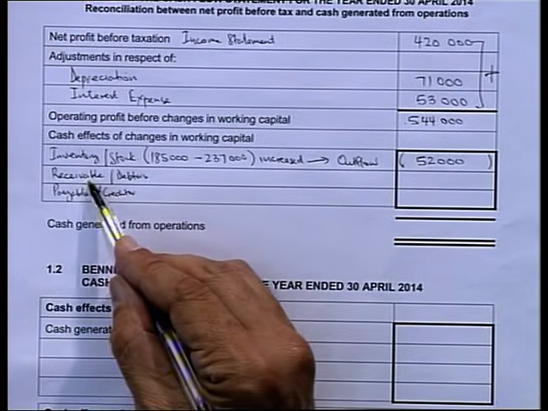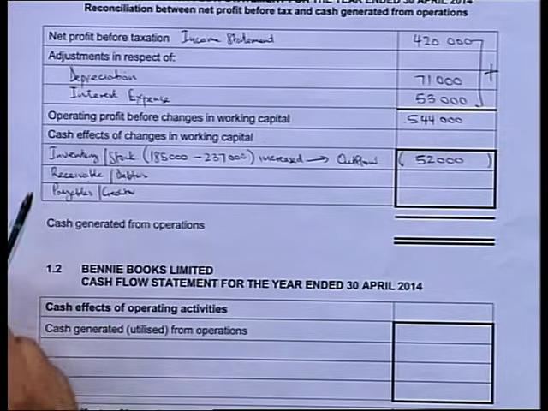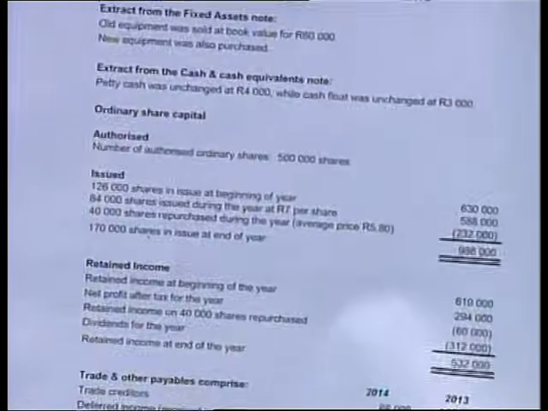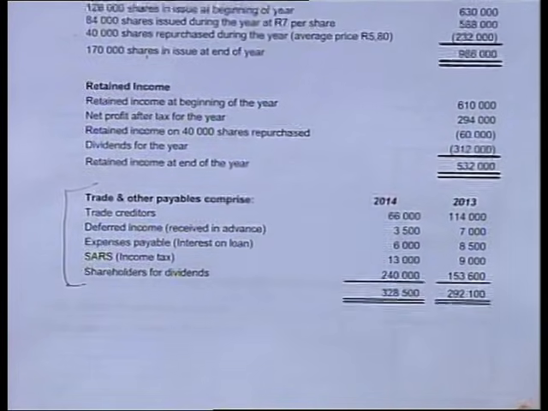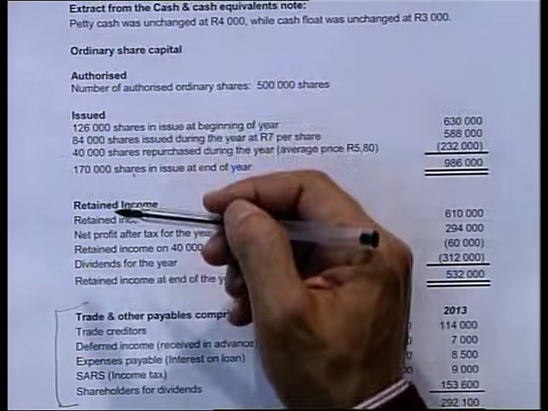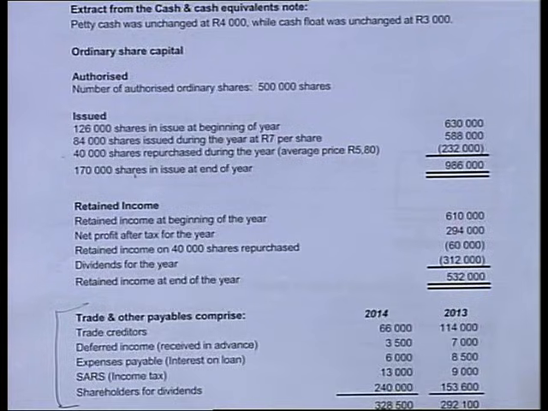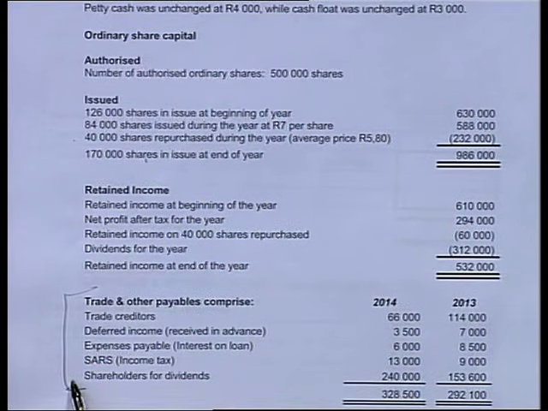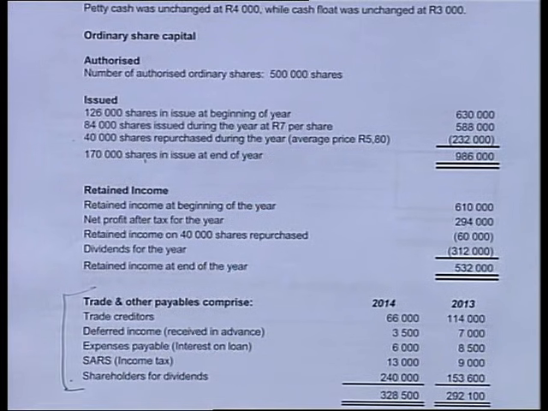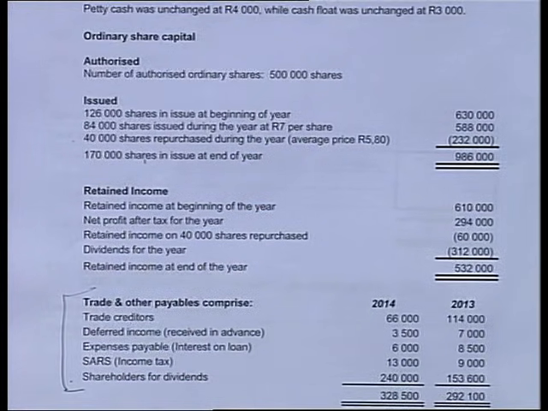When we get to receivables or debtors, what we need to check, which is very important, learner, is if there is perhaps a note regarding receivables or a note regarding payables. Again, if there's no note regarding receivables or payables, then we have to take the amounts straight from the balance sheet.